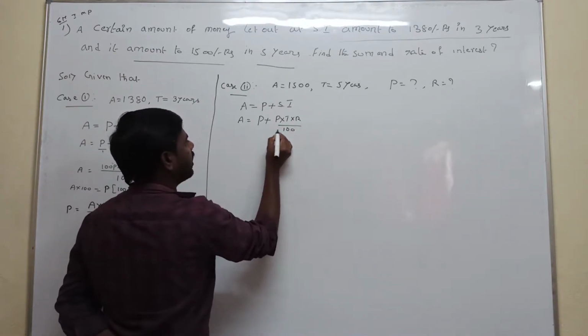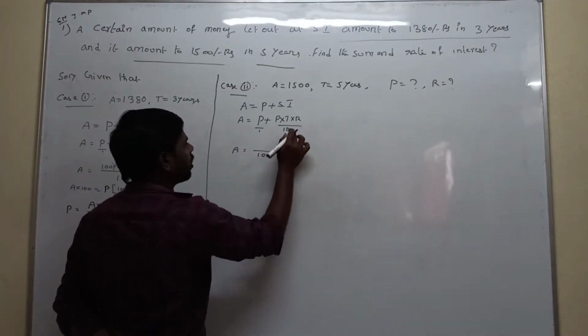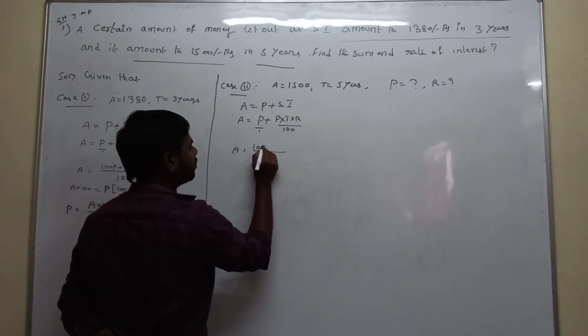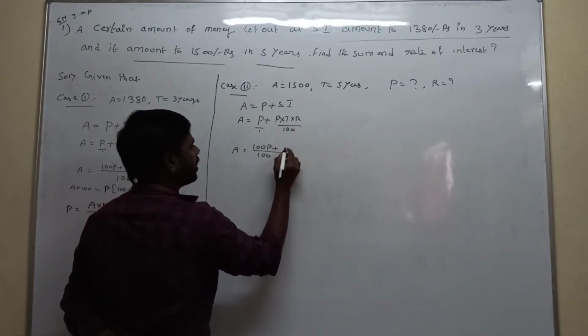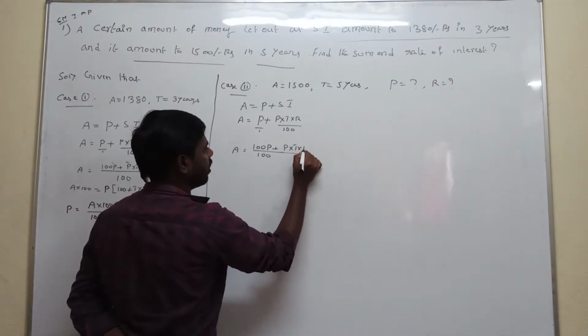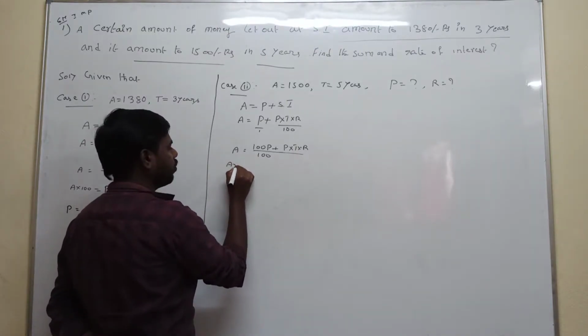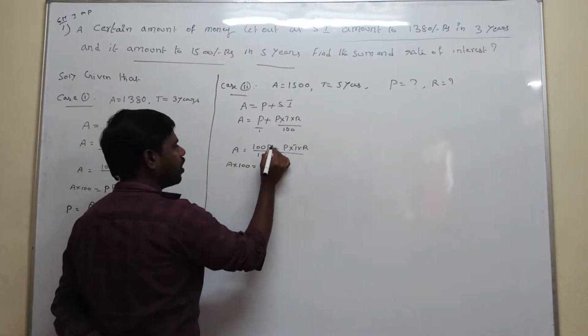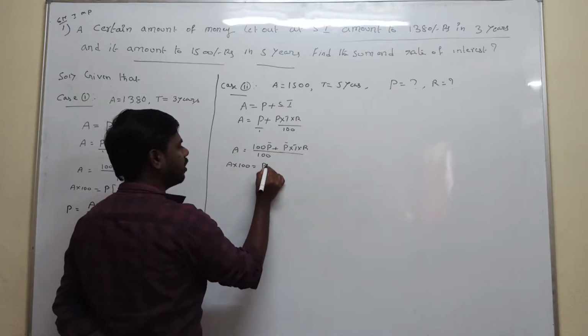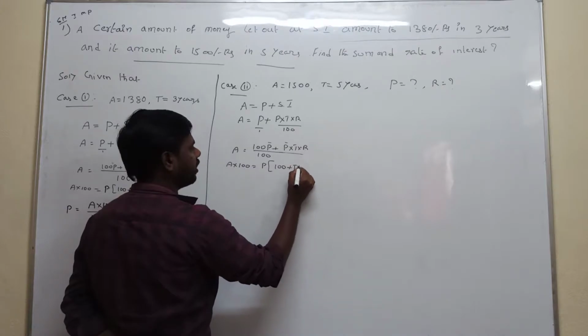After that, take the LCM, 100. Cross product: 100 into P is 100P plus 1 into PTR is PTR. After that, 100 cross product with the left hand side numerator, A into 100 is equal to this. What is the common letter here? P is the common letter. Taking it outside, the remaining element is 100 plus TR.